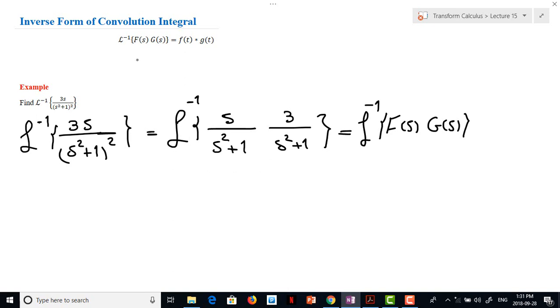Based on the inverse form of the convolution integral, the Laplace inverse of F(s) times G(s) is equal to f star g.